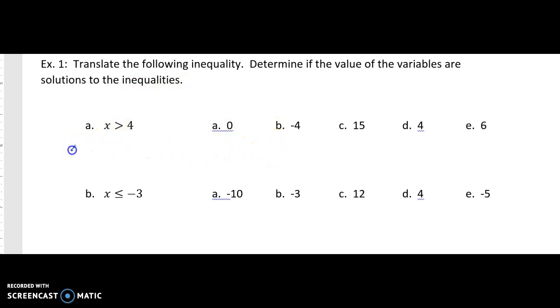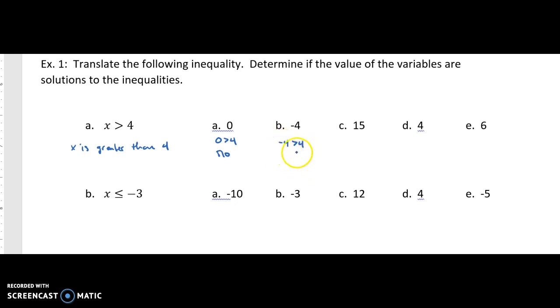So here, we would translate this as x is greater than 4. Okay, so if I plug 0 in for x, is 0 greater than 4, right? That is false, so no, that is not a solution. Okay, is -4 greater than 4?